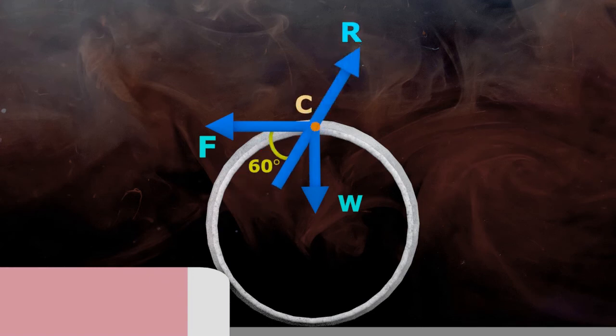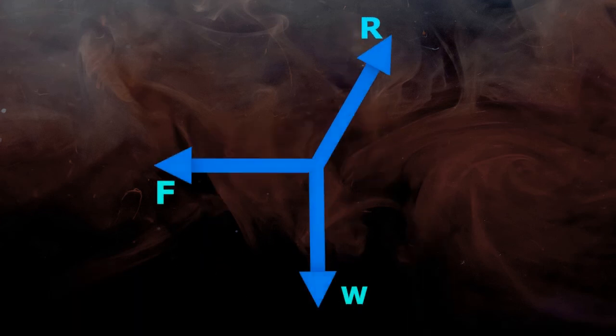Again, if we drag force R along its line of action, this angle will be 60 degree too. So if R is placed in such a way that its tail is at the center, it makes an angle of 60 degree with the x-axis. Tails of all the forces are meeting at the center.